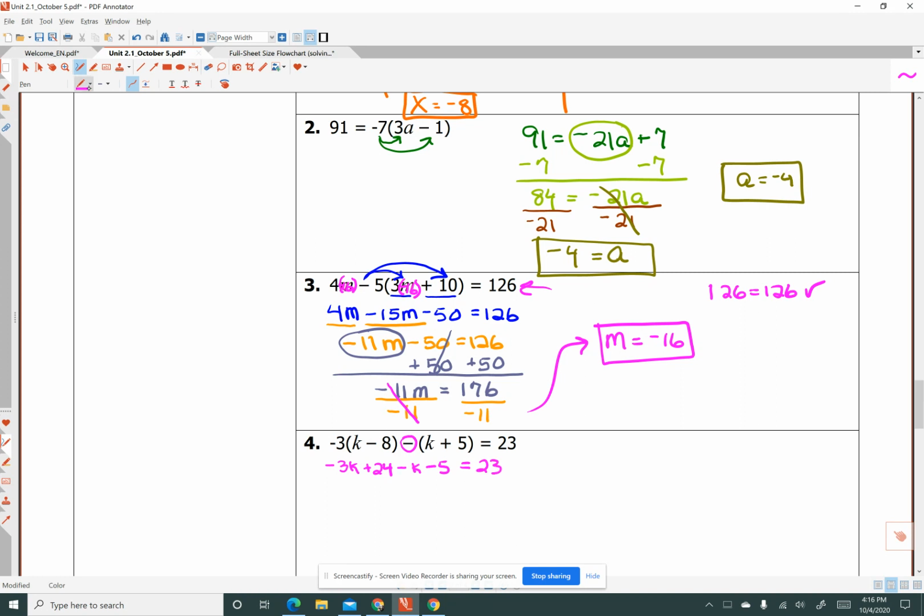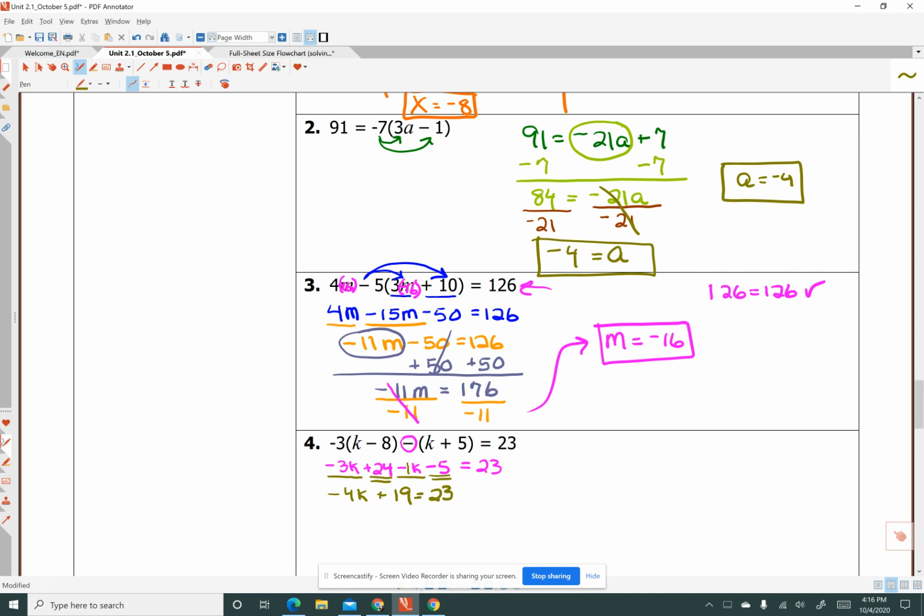And at this point, we're going to combine like terms. So we have negative 3k minus k, and this is an invisible 1, okay? Negative 3 minus 1 is negative 4k. And then we've got 24 minus 5, which gives us a positive 19, equals 23.